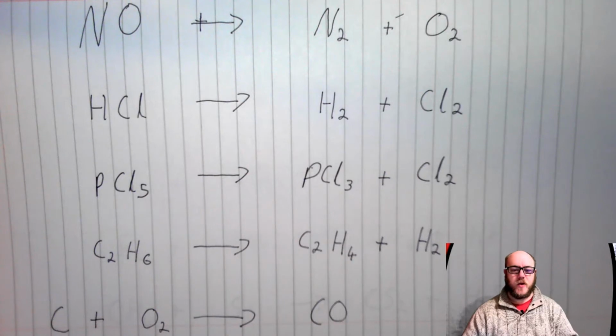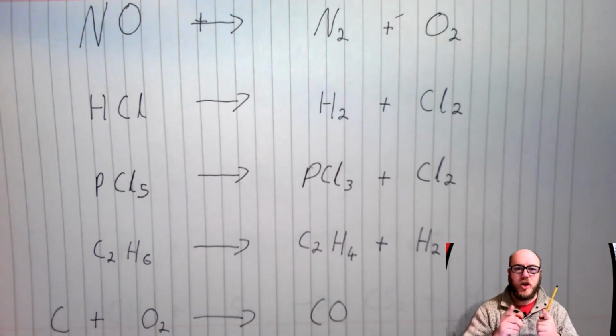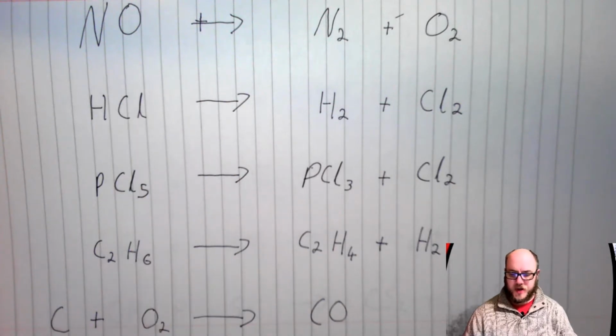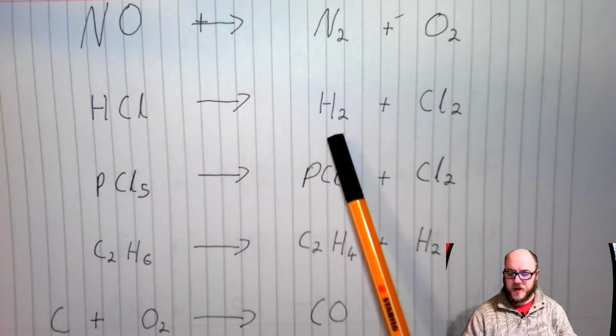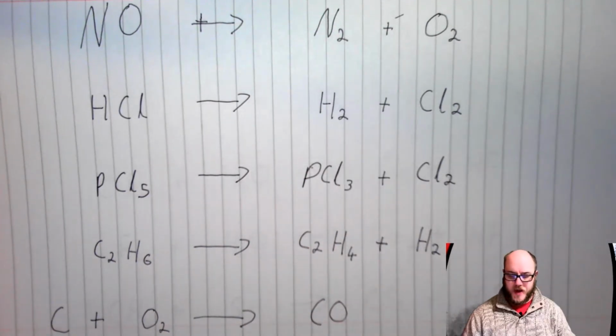So let's crack on with the easier 5. Here are 5 equations. I would like you to pause the video and attempt to balance those. We've got nitrous oxide breaking down to nitrogen and oxygen. Then we've got hydrogen chloride or hydrochloric acid breaking down to hydrogen and chlorine gas.